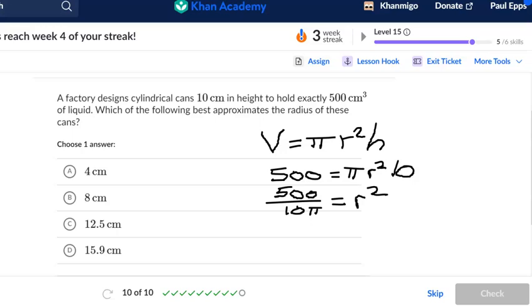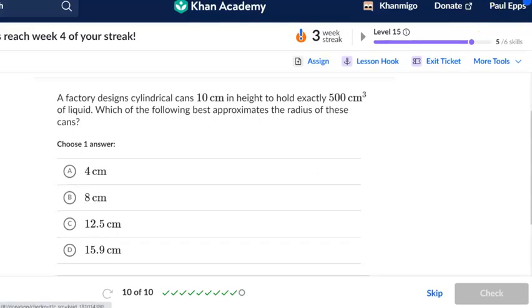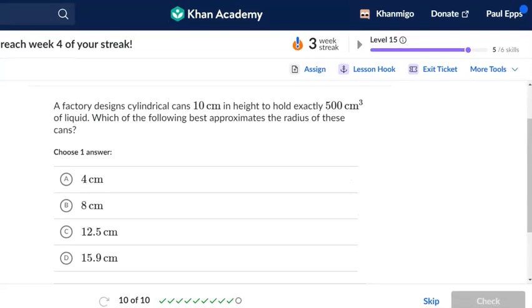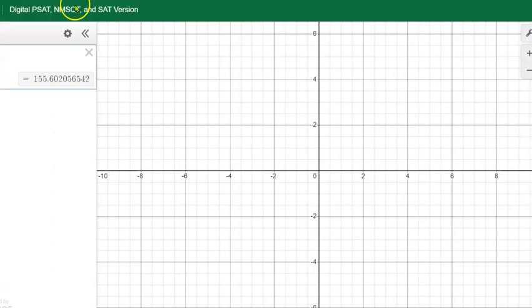Why is this... let me exit that for a minute. I'm having a problem with the frame here. Okay, let's try and go back here.